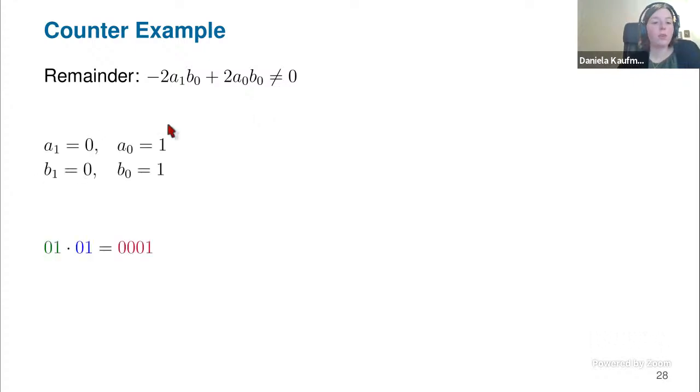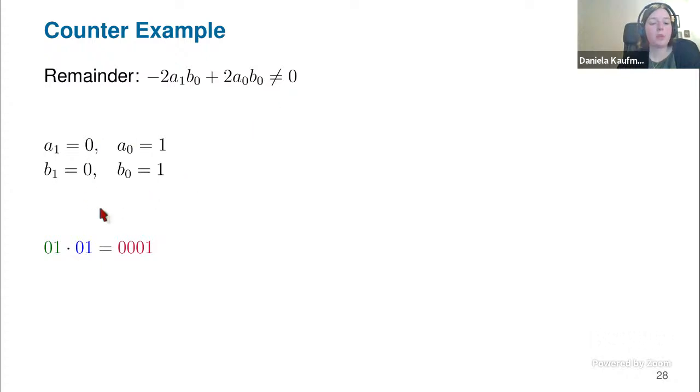Let's, for example, set A0 and B0 both to 1 and A1 and B1 both to 0. Then we get the effect that the first monomial evaluates to 0 and the second evaluates to 1. So we get 2, which is unequal to 0.